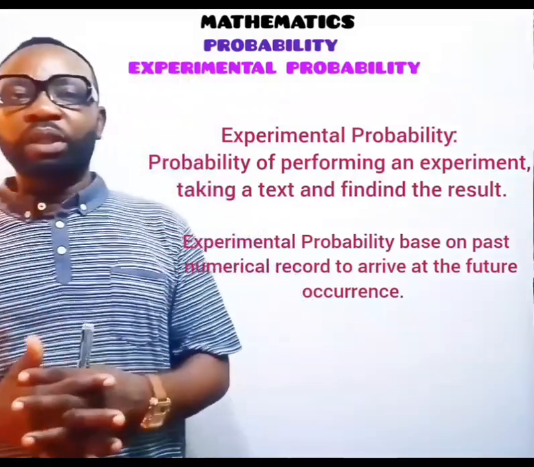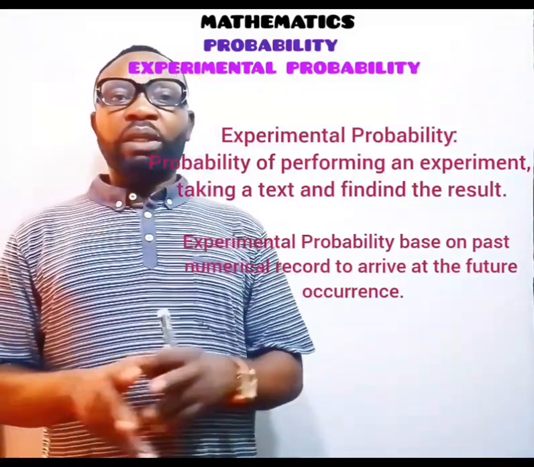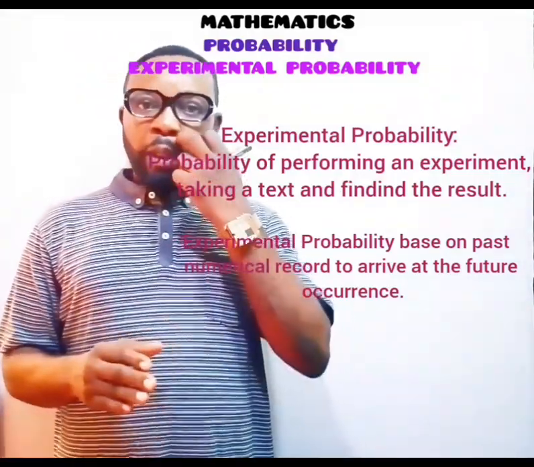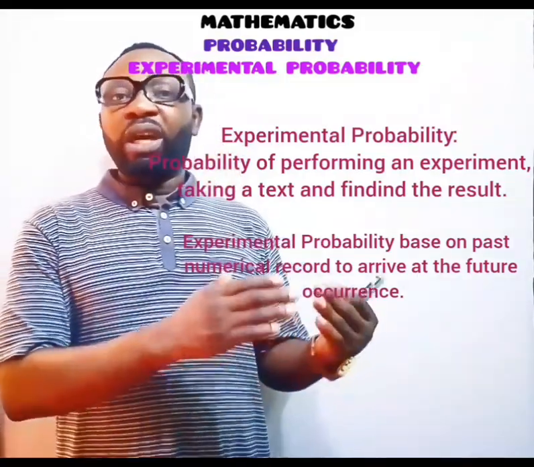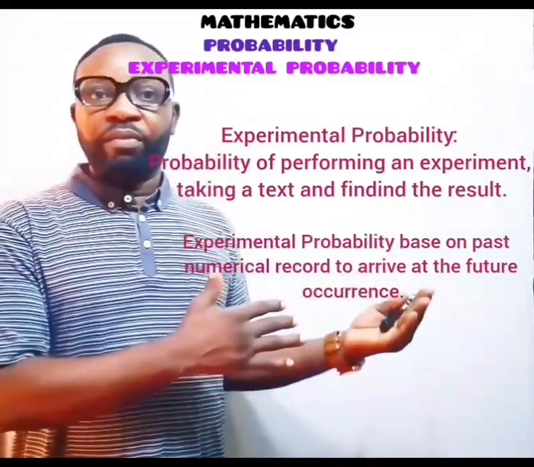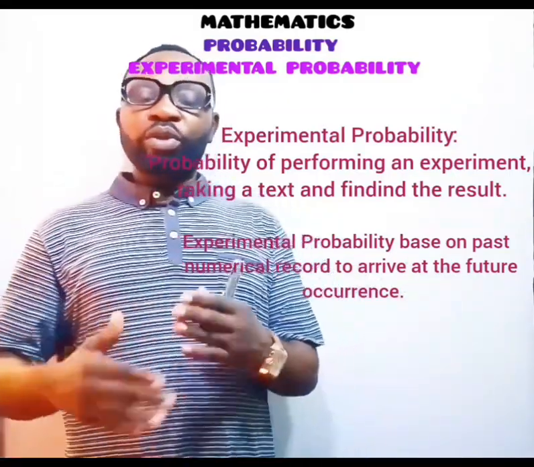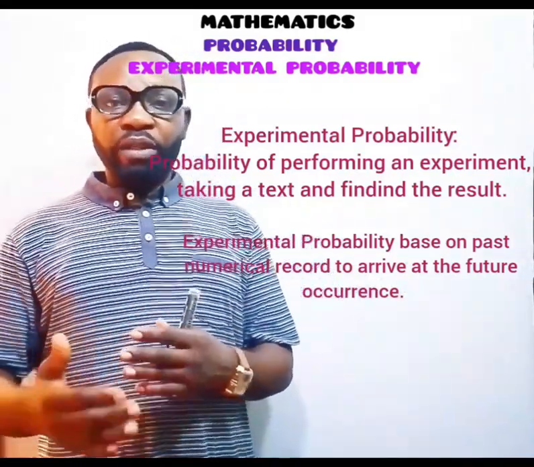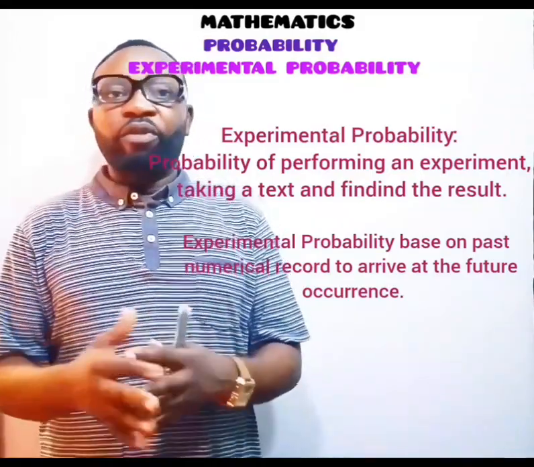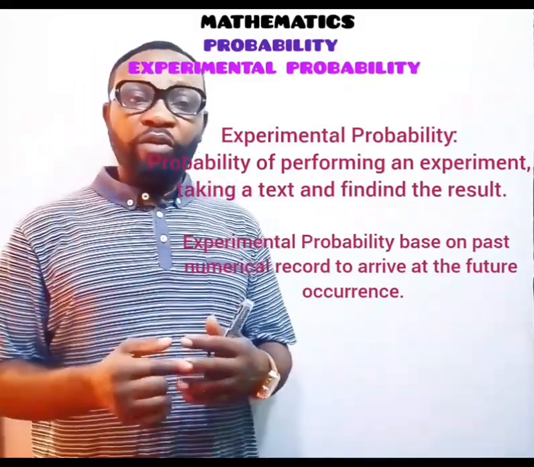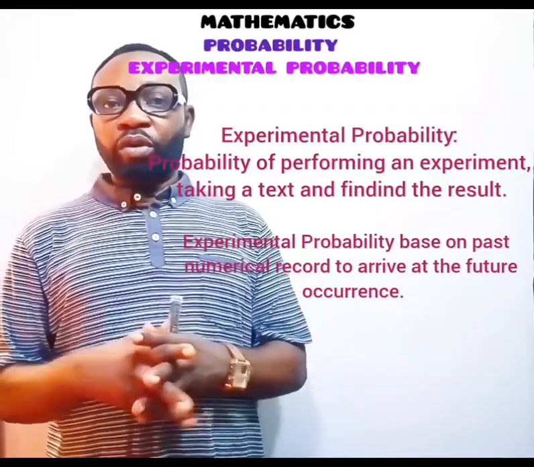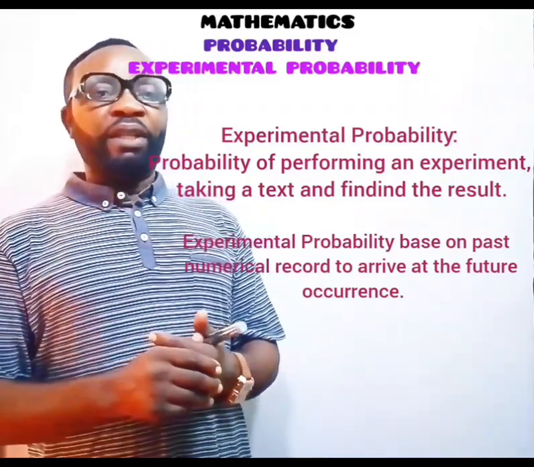The same thing happens in experimental probability. You will be given some values which are based on past events. Then those numerical values that have been given will be used to compare to the event that you are going to provide the answer for.